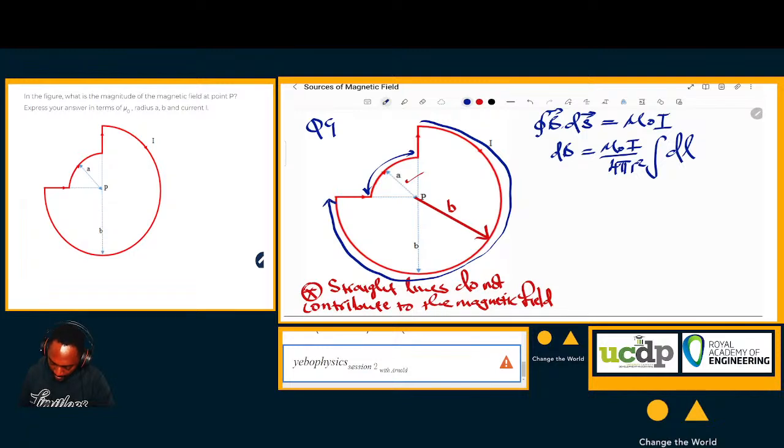Remember that these straight sections do not contribute. So B total will be equal to BA plus BB.